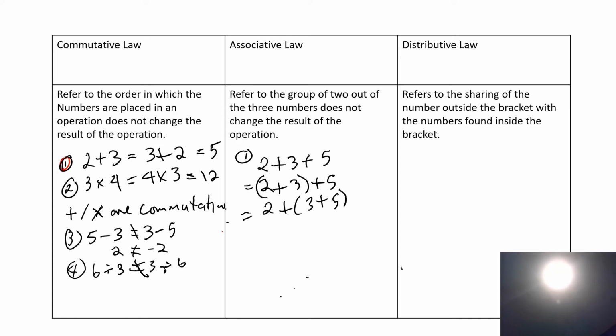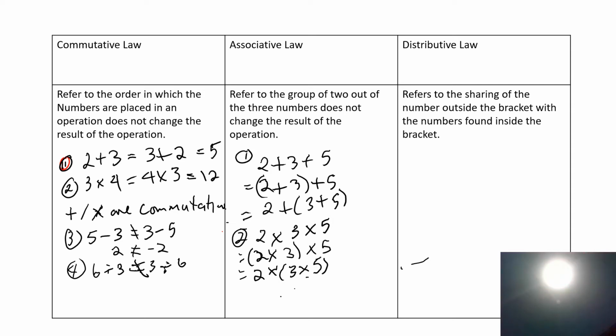Similarly, if I use multiplication, I say 2 times 3 times 5, and I group the first 2, so I group the 2 times the 3, or if I start from behind and I group the 3 and the 5, the result will still be the same.